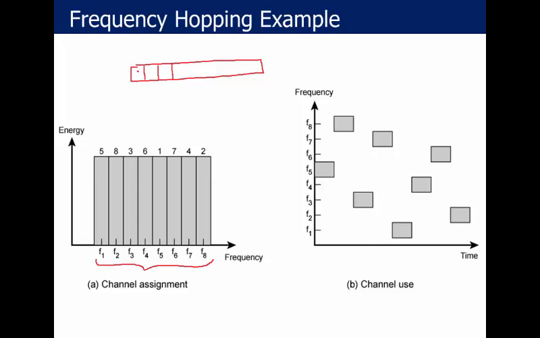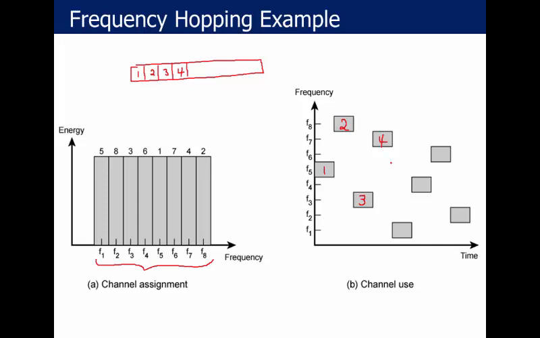So we have data piece 1, data piece 2, data piece 3, and so on. Data piece 1 will use channel 5. Data piece 2 uses channel 8. Piece 3 will use channel 3, and piece 4 will use channel 4.